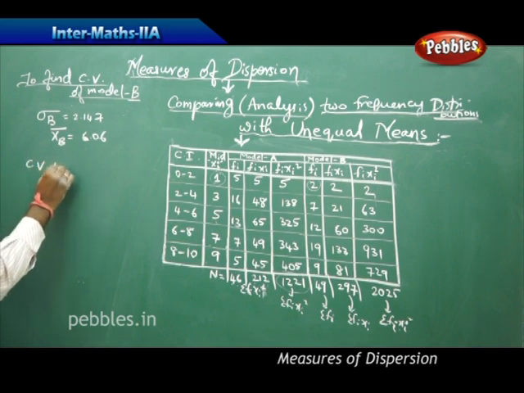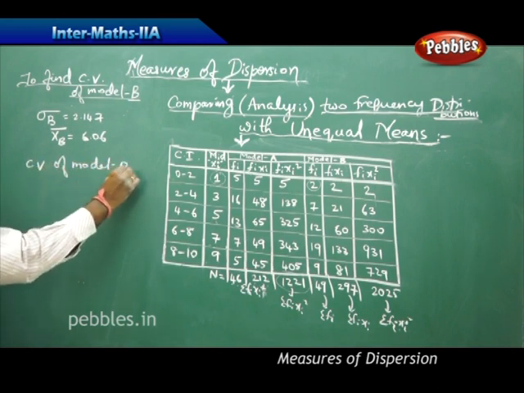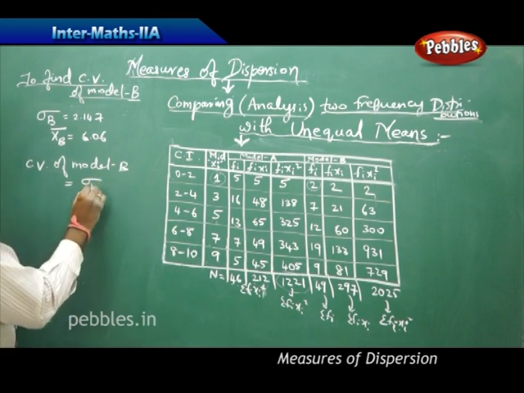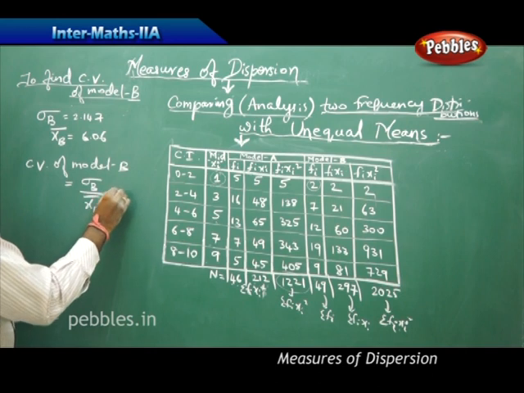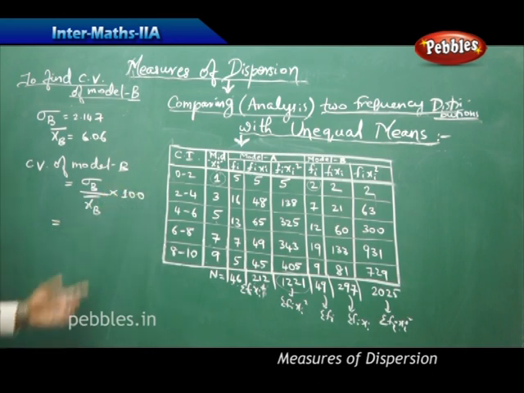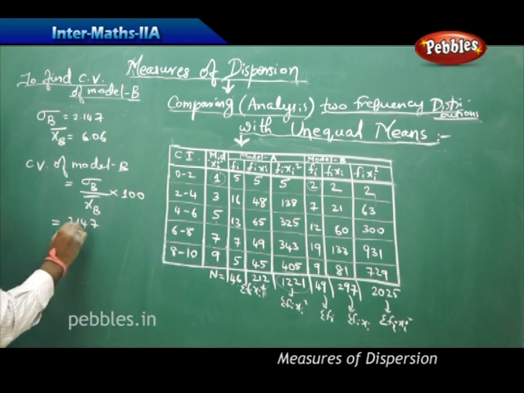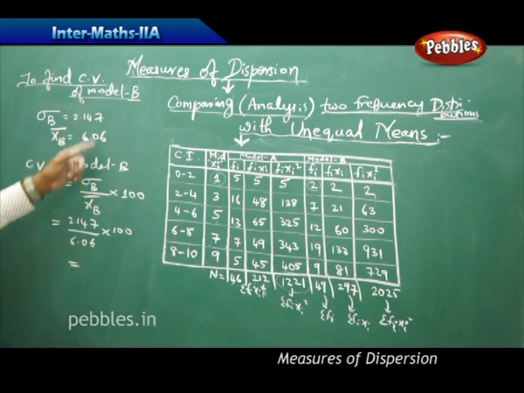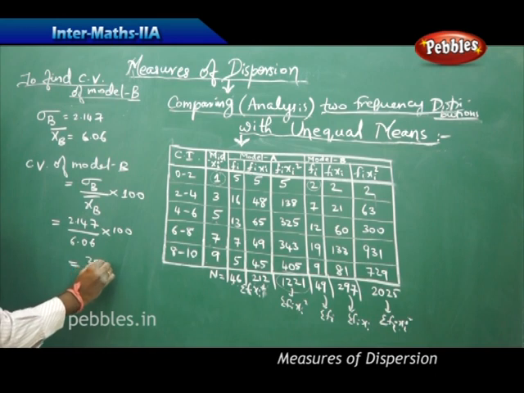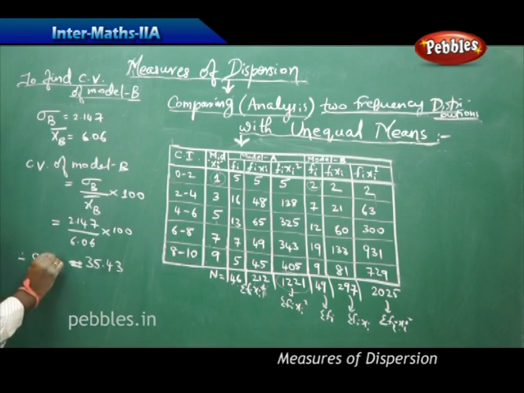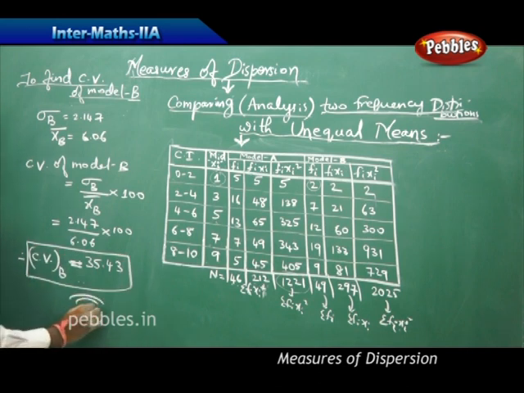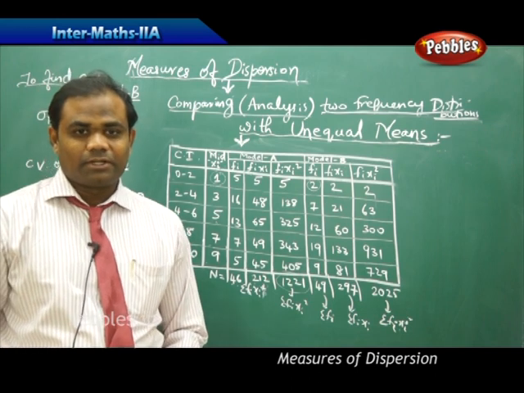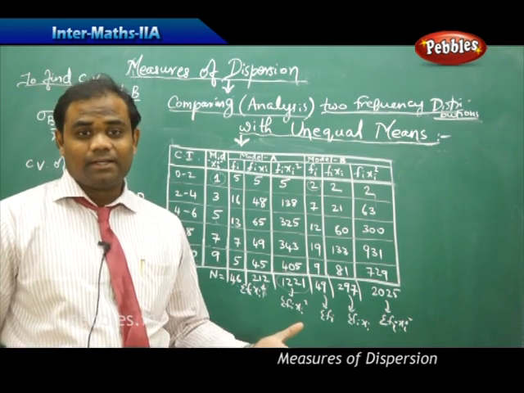Then the coefficient of variation of model B, given by the formula sigma B by X B bar times 100, is 2.147 by 6.06 times 100, which gives me approximately 35.43. Therefore, the coefficient of variation of model B is approximately 35.43.